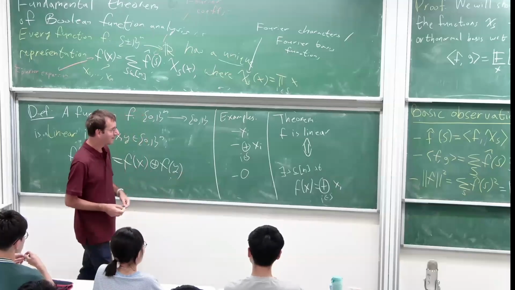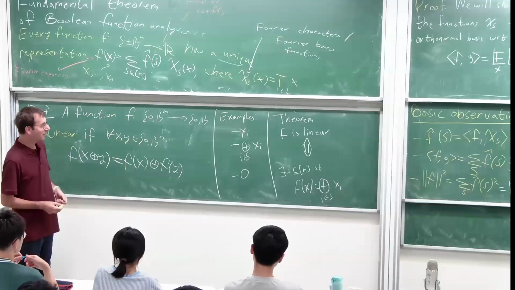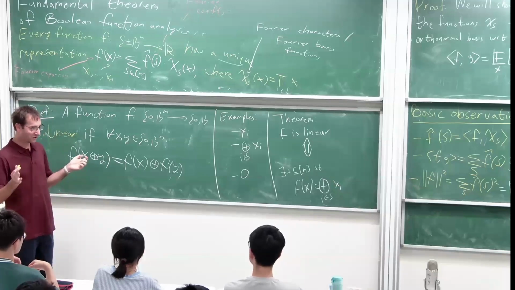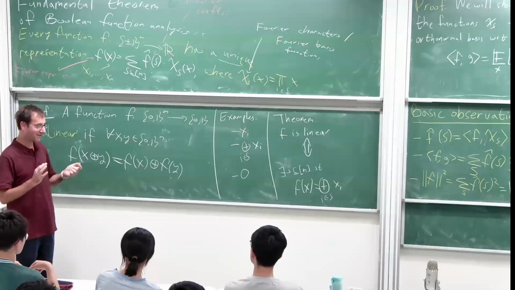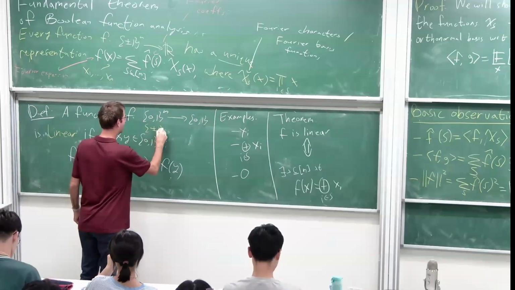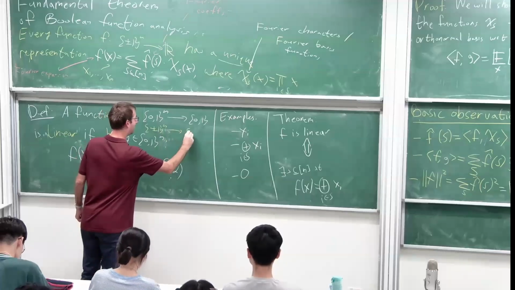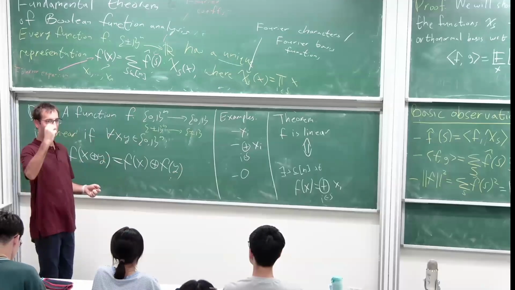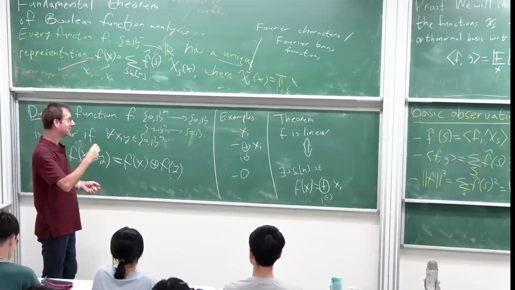Okay, so this was 0, 1. Now we're going to switch from 0, 1 to ±1. It's just for convenience. You can do everything in the language of 0, 1, but if you switch to ±1 to the n, the way you convert is you take -1 to the power of x.